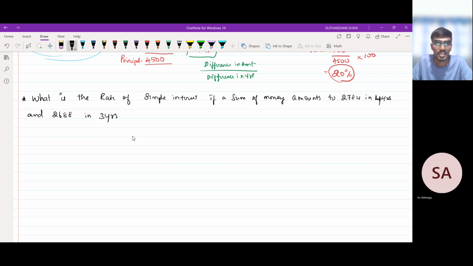If they are given, what are you going to do, Atmika? Take this and put two rows. One is 2688, it is 3 years. One is 2784, it is 4 years.